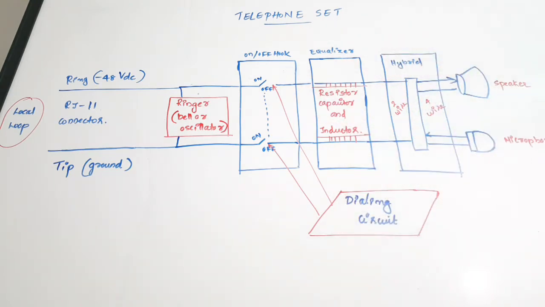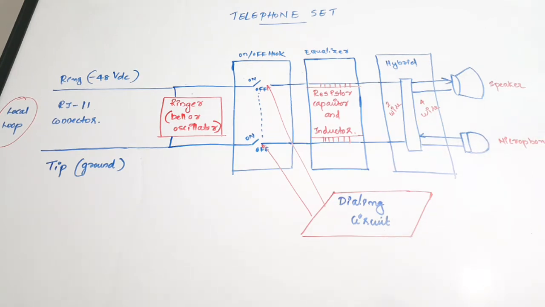Next, let us talk about the speaker and the microphone. Just like for any other elements, the speaker and microphone of a telephone are used for the same purpose. The speaker is used for hearing the sound. That is, it converts the electrical signals into acoustic or audible signals in simple words.